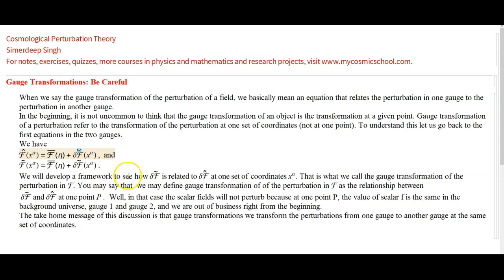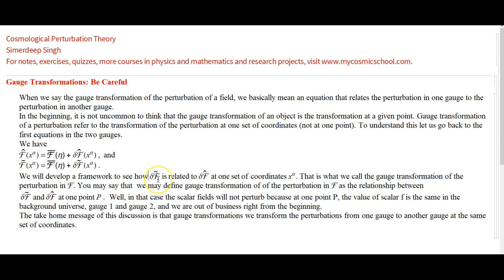And when we are deriving the equations for this transformation, we want to see how delta F tilde is related to delta F caret at one set of coordinates x alpha. So this is what we call gauge transformation.